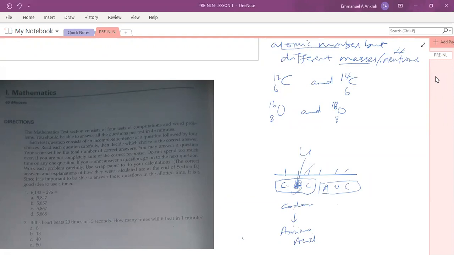The most likely cause of this reaction is that, A, active transport of salt occurs. B, water moves from an area of low particle concentration to an area of higher particle concentration. C, water moves from an area of high particle concentration to an area of low particle concentration. And then D, salt from distilled water enter the cell.